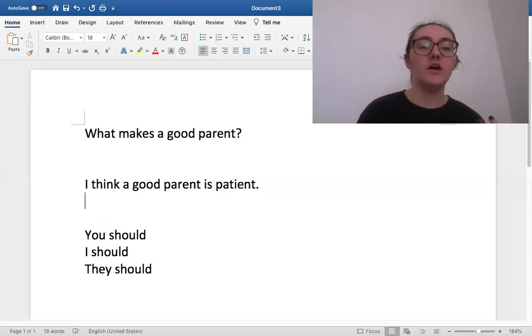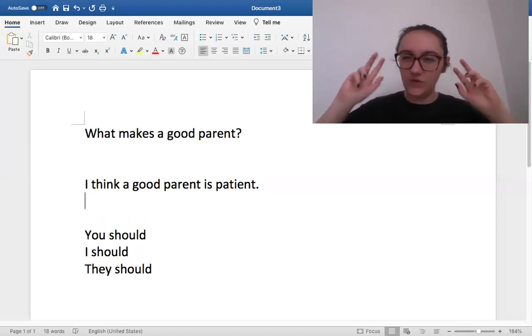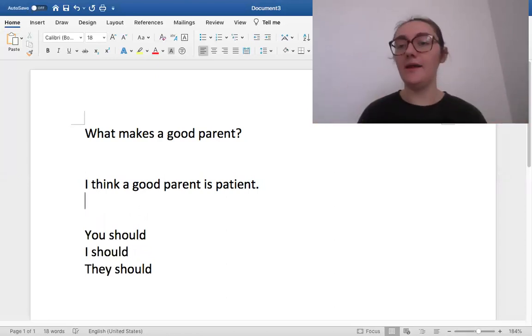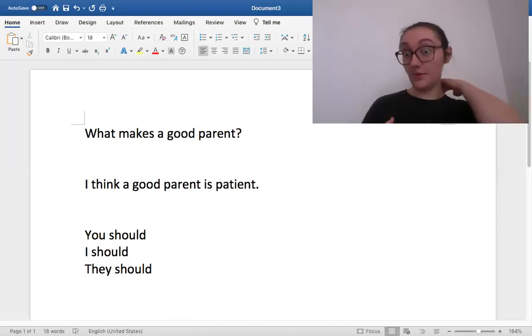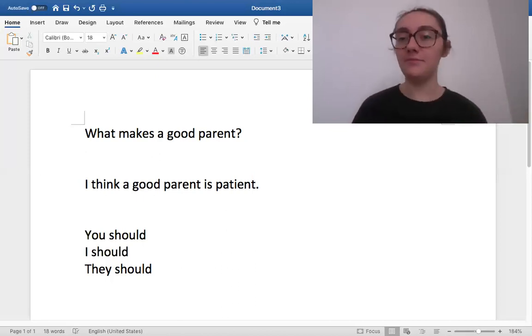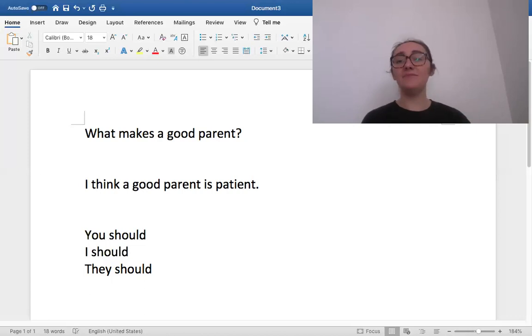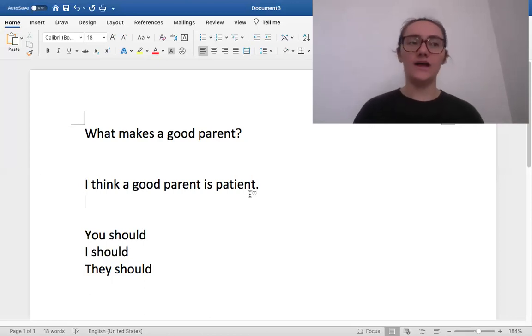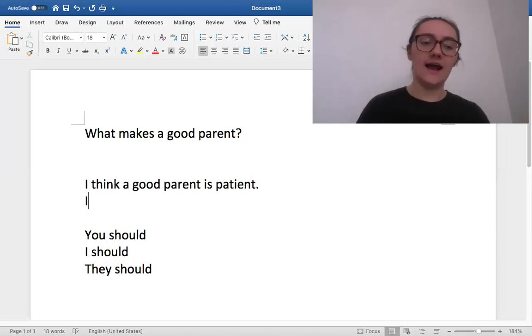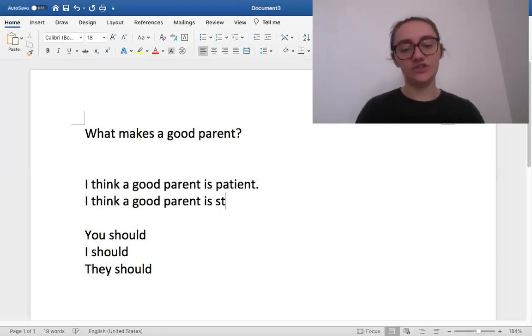So try and think of the words that you know in English that describe people, right? Because parents are people. So people can be mean, they can be nice, they can be kind, they can be patient, they can be strict, right? I don't know if you know what strict means. So you could say, I think a good parent is strict.